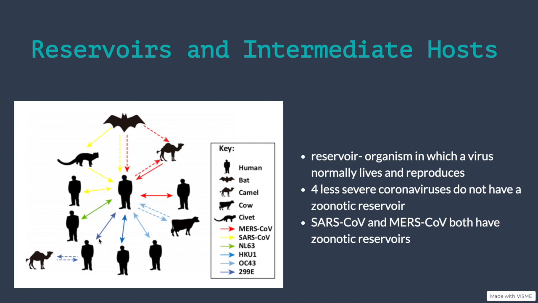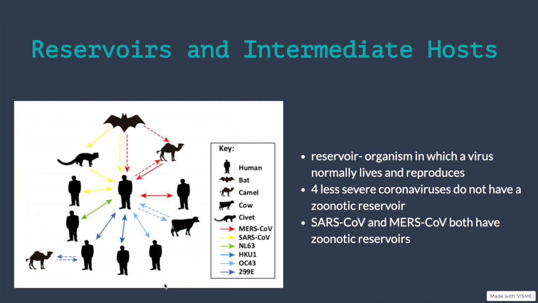So in this image, the solid arrows represent confirmed modes of transmission, whereas the dashed arrows represent possible modes of transmission that have not been confirmed yet. And so something that is especially important in this image is that these 4 coronaviruses, NL63, HKU1, OC43, 229E, they do not have a zoonotic reservoir.